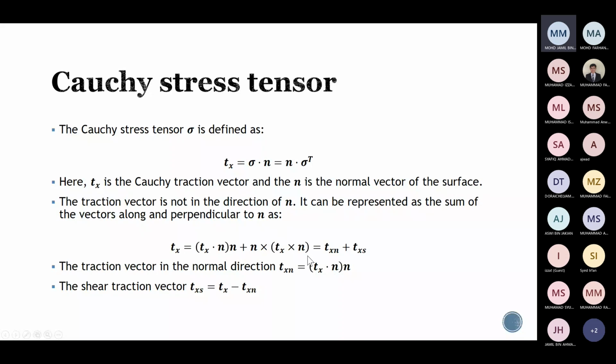Basically the stress traction Tx has two components: one perpendicular and the other parallel to the surface. Txn is the stress traction vector normal to the surface, and Txs is the traction vector parallel to the surface. The formula is here.